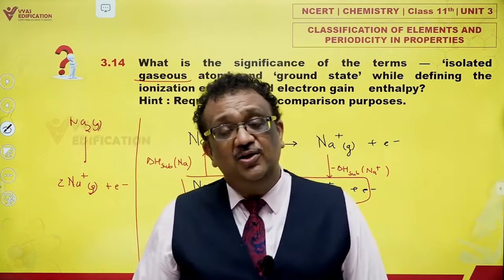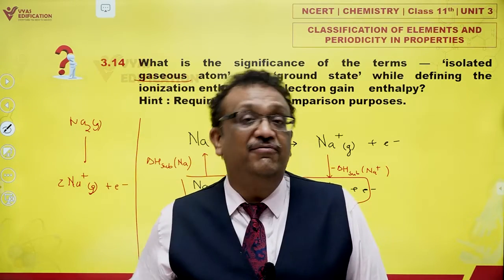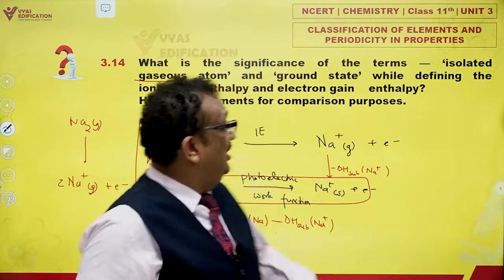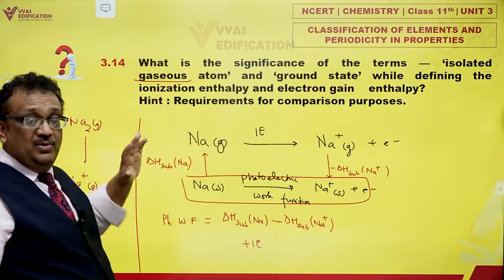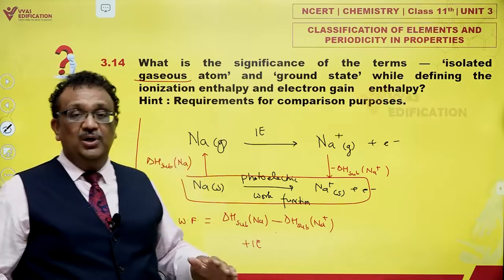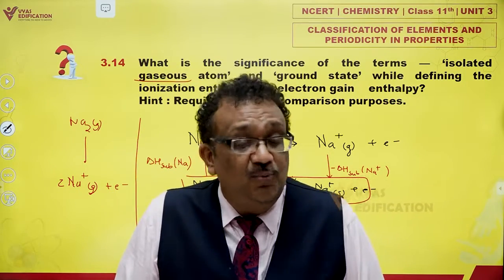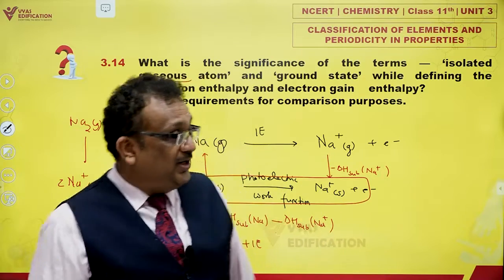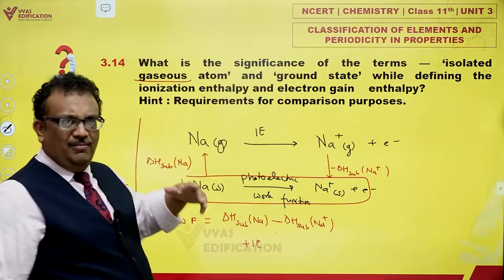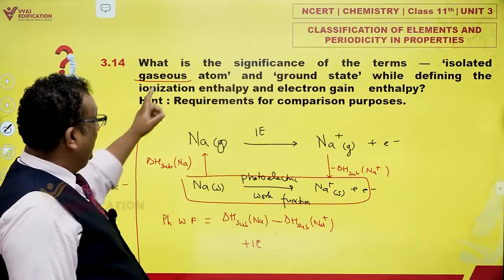That is another additional nuisance, that is extra energy. So I'll keep on getting different values. Unless I have an isolated gaseous atom, I will not get a unique number. If I want a unique absolute number which is experimentally reproducible, I have to be accurate. So when I say isolated, that means only one atom you have, and gaseous and ground state also.